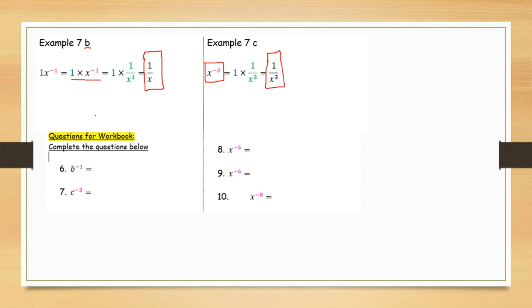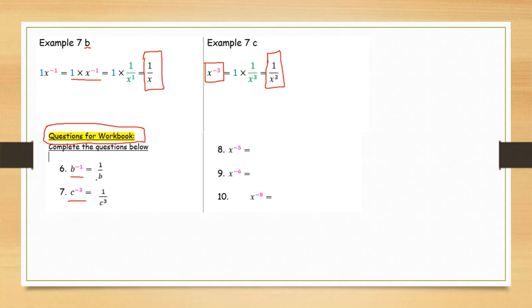I want you to do these questions in your workbook. You can pause the video and then check with the work. So b to the power of minus 1 equals 1 over b. c to the minus 3 equals 1 over c cubed. So you'll notice that instead of the negative, we have the bottom of a fraction.